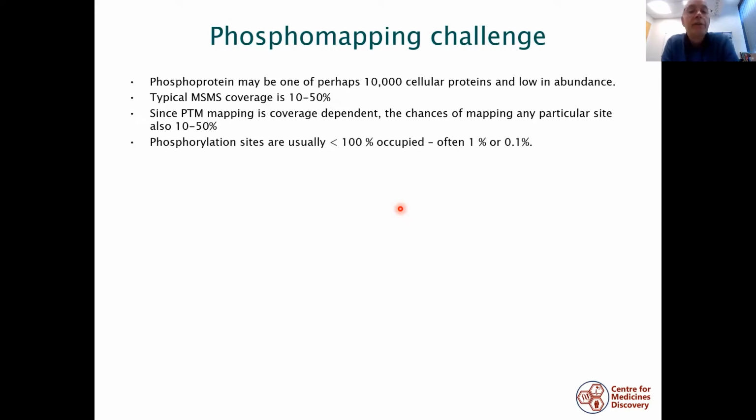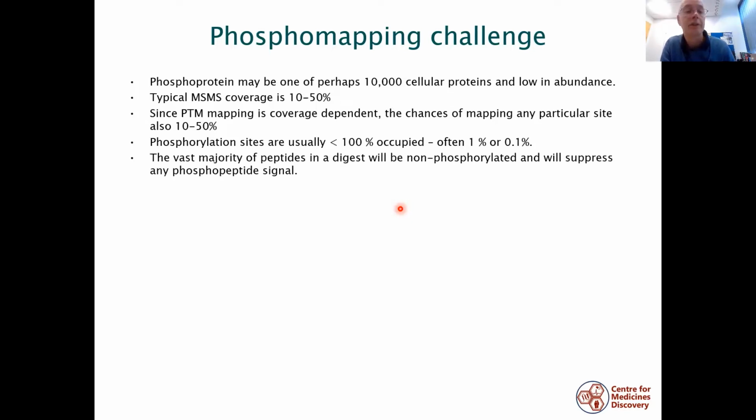On top of that, phosphorylation sites are usually less than 100% occupied. As I've said, they may be very low occupancy. They may be 1% or even 0.1%, and they may still be biologically relevant. Also, the vast majority of peptides in the digest that you will make will be non-phosphorylated.